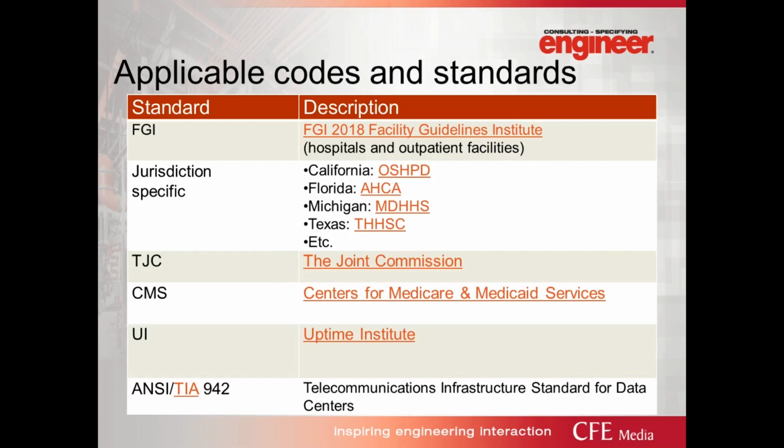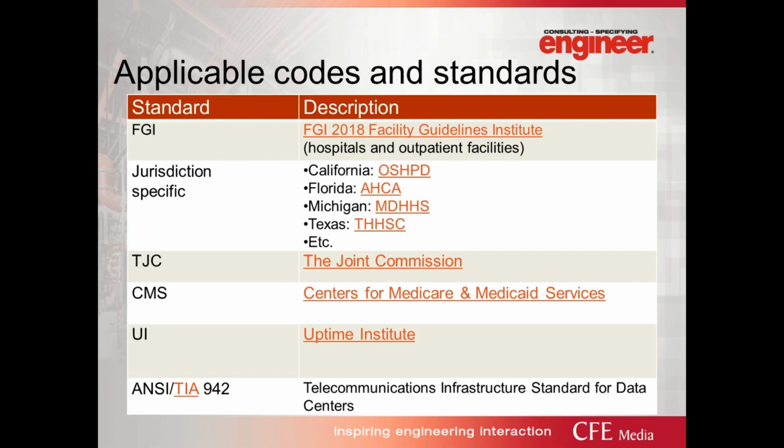In addition to the codes, there are a myriad of adopted standards which go hand in hand when designing mission critical facilities. FGI is one of them, which is the Facility Guidelines Institute, which is applicable to hospitals and outpatient facilities. Similarly, many jurisdictions have their own state-specific health codes. Just a few of them are listed here, such as California or Florida.